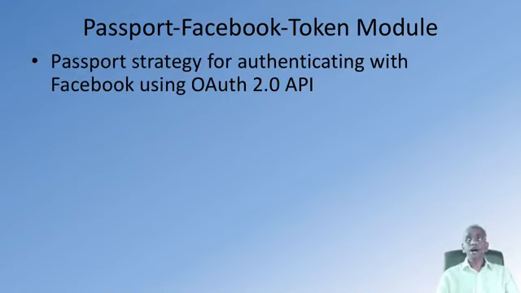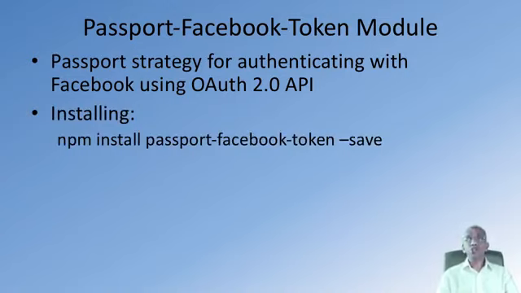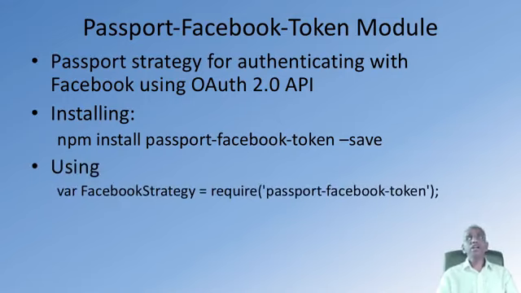So the module enables you to set up a new Passport authentication strategy to use the Facebook-based OAuth 2 API. To make use of this module, you install it by saying npm install passport-facebook-token --save.